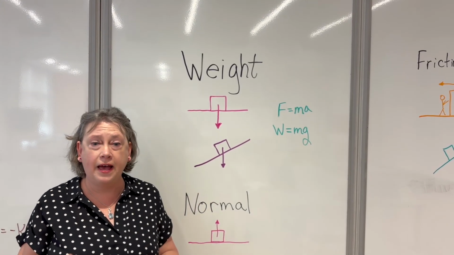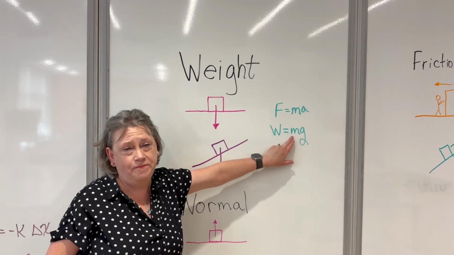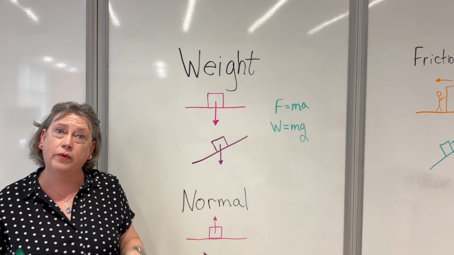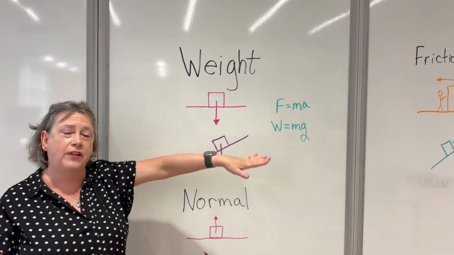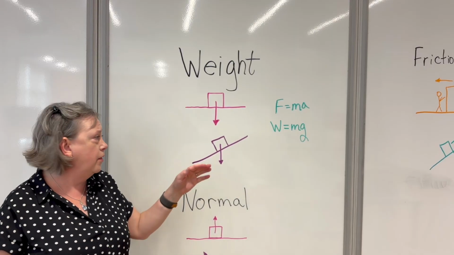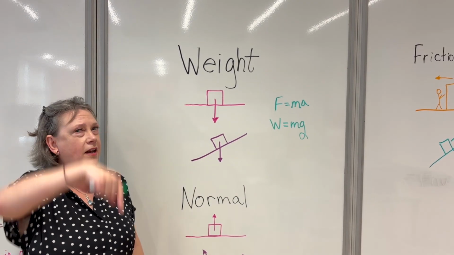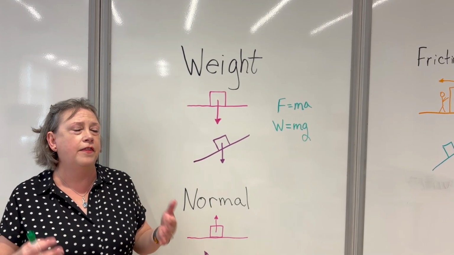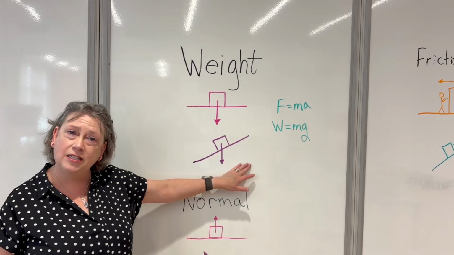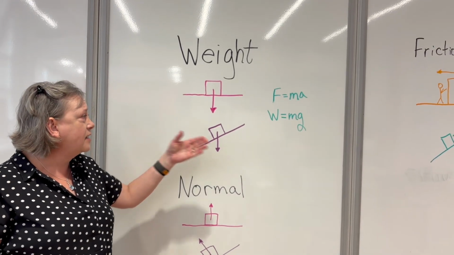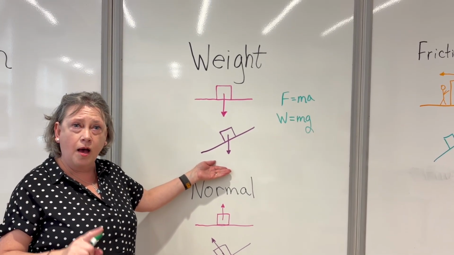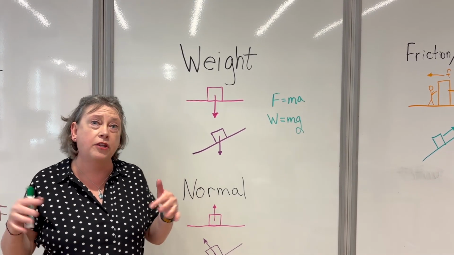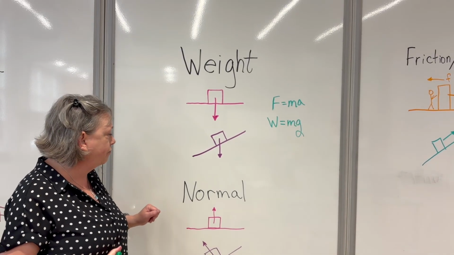So anytime I have an object with mass, I will have weight. Weight always acts directly down. So I have a box on a flat surface, weight acts directly down. I have a box on a ramp, notice weight acts directly down. So anytime you have an object with mass, there'll be weight. It doesn't have to be sitting on the surface. It can be hanging. So in the one I drew over here, I only drew tensions, but there are weights on those boxes as well.